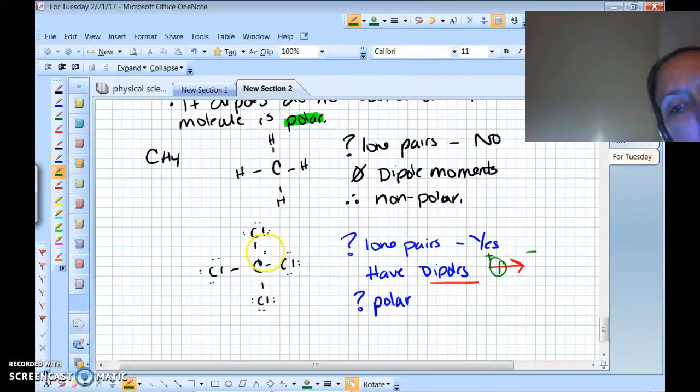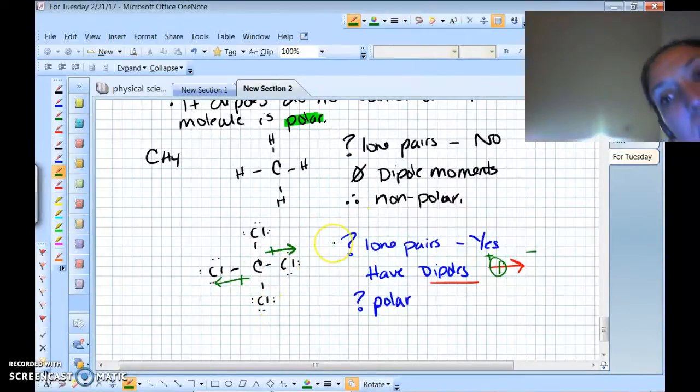And so the dipole is going to go this way. Carbon is the positive region, that's where it gets the plus, and it points to the negative. Alright, now, here, points towards the negative lone pairs. Lone pairs are negative. There happen to be 3 sets of lone pairs, although it doesn't matter, it could be just one set. You're going to point towards the lone pairs of electrons, always.